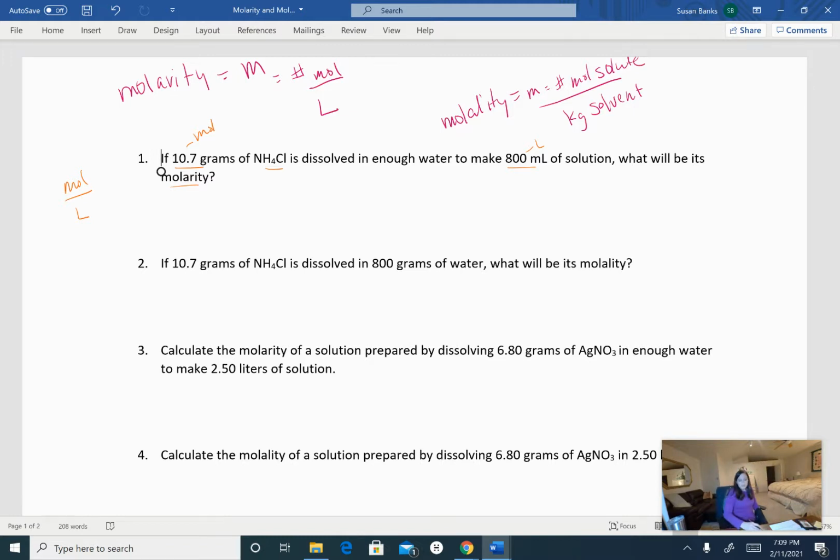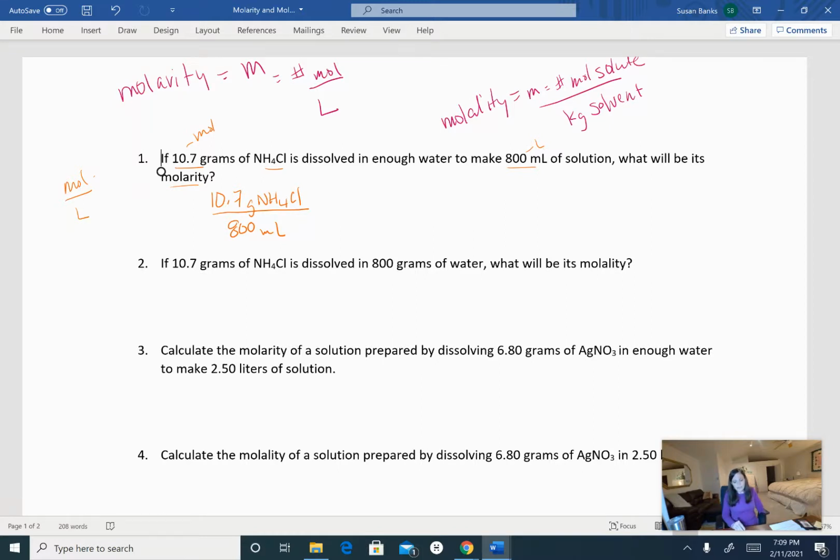So let's start off where we want these things. I'm going to start off with my grams on top, 10.7 grams of ammonium chloride. And my 800 milliliters is a volume, so I'm going to start with that one on the bottom.